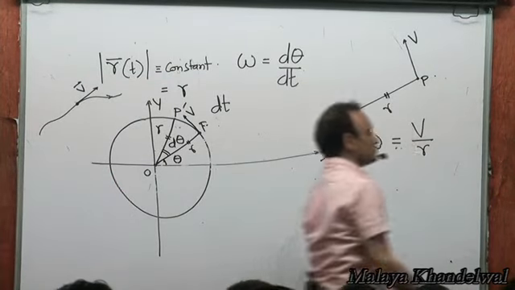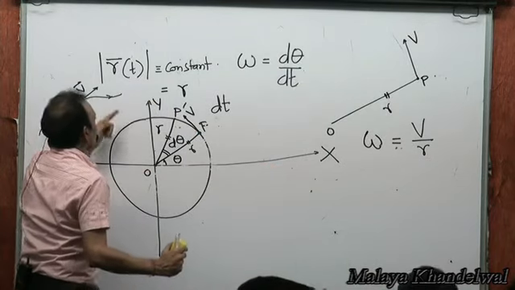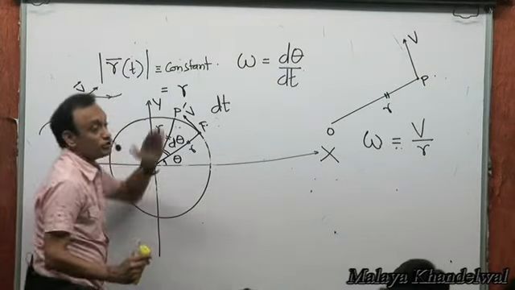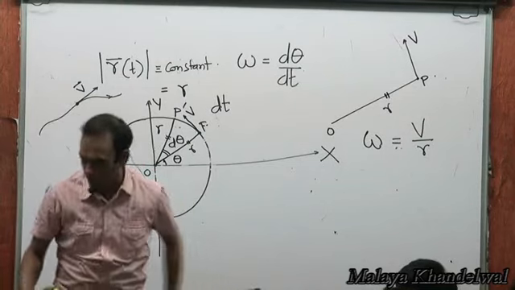Now, this V, which is the linear velocity from instant to instant, will always be along the tangent to the trajectory and therefore would be deemed perpendicular to the corresponding radius at those points, right?